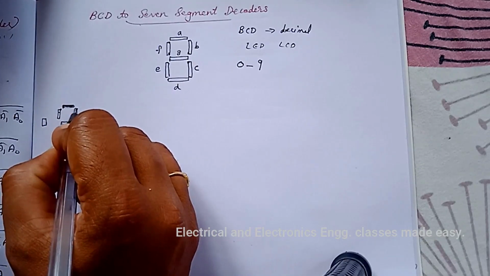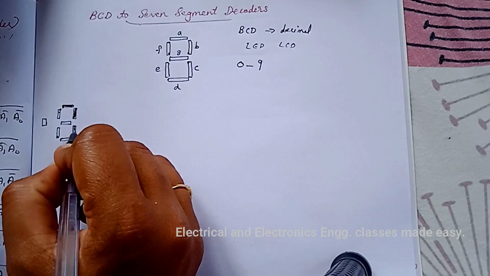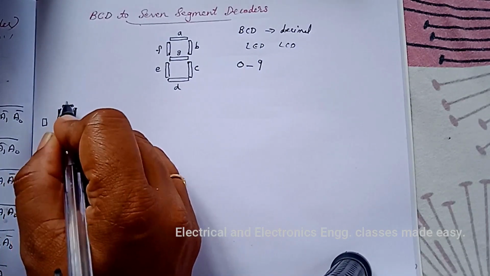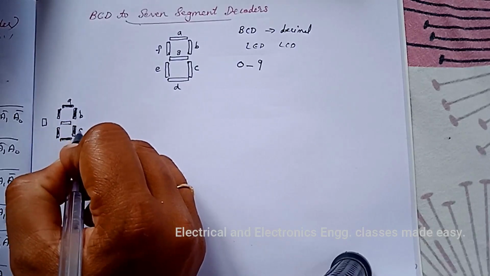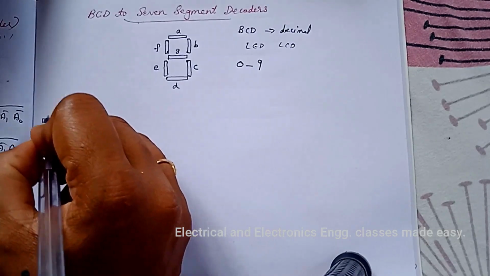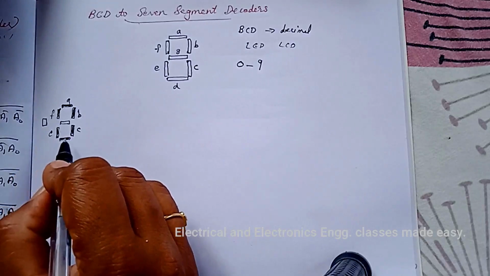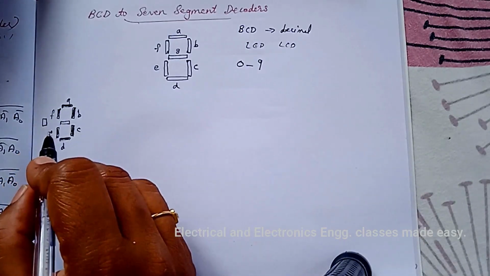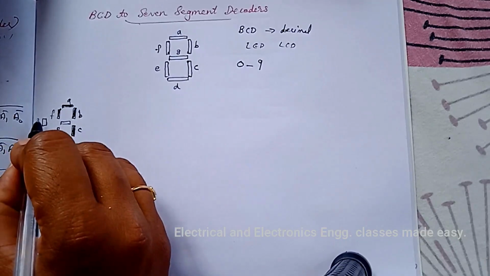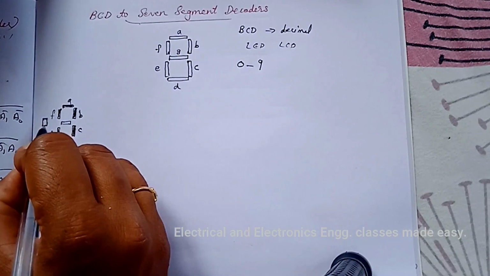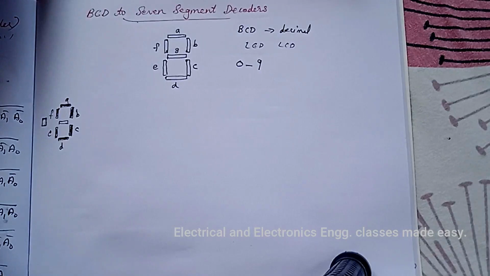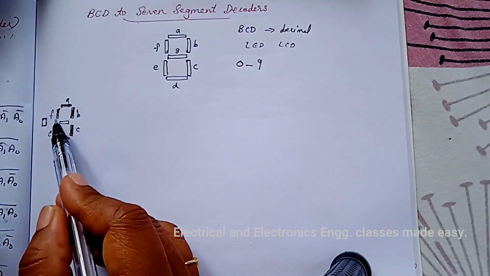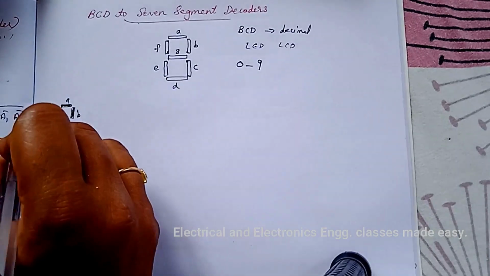These segments, that is segments A, B, C, D, E, F, will illuminate when the number 0 is pressed. So this is the display for number 0.